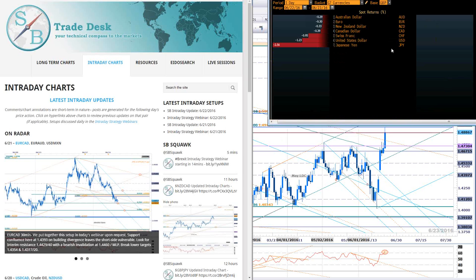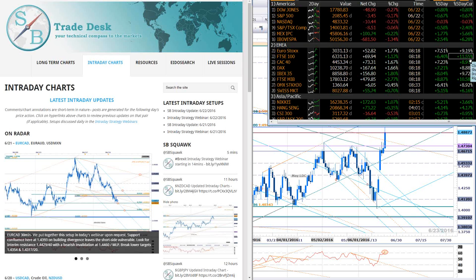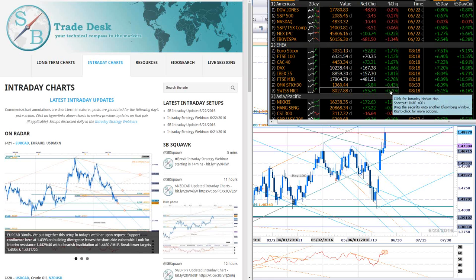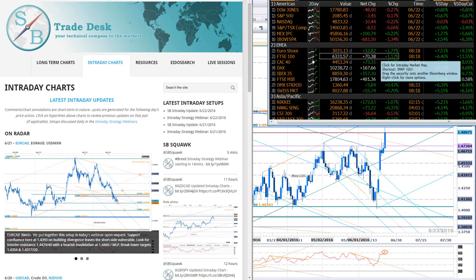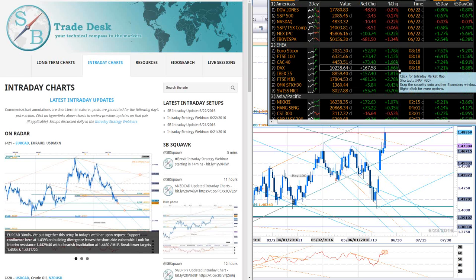We can also take a look at the broader equity markets, and you can see this is the close for the Americas, obviously, yesterday, but you can see Europe is higher across the board. FTSE 100 up 1.12%, CAC 40 up 1.68. You got the DAX, the big juggernaut, up 1.66 on the session.